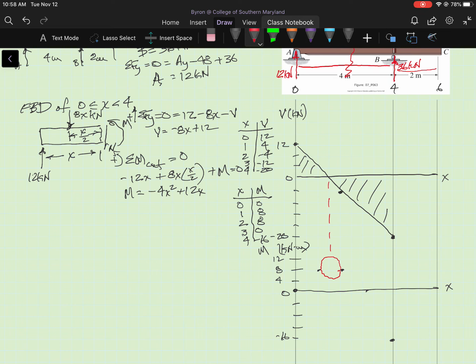And we can find the value of x by setting the equation for the shear function, negative 8x plus 12, equal to 0 and solving for x, and we'll get 1.5. So the shear curve crosses the x-axis at x equals 1.5.